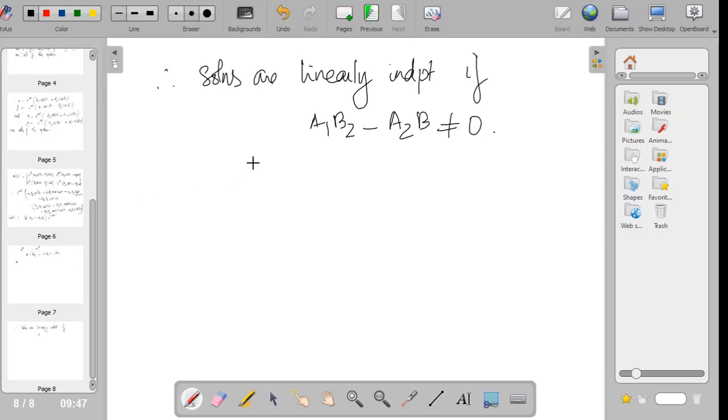So that is a condition upon A1, A2, B1 and B2 for the solutions to be linearly independent. So this is how we get the linearly independent solutions when you have complex roots. So let us now write this entire thing as a theorem.